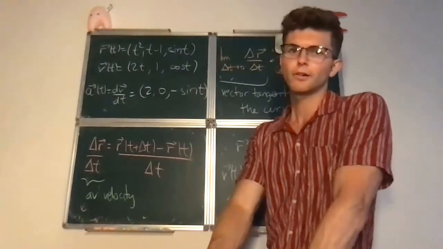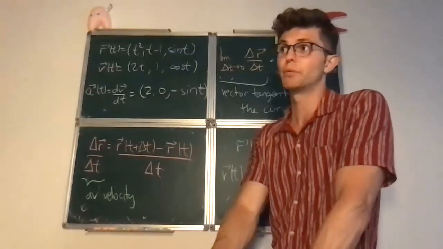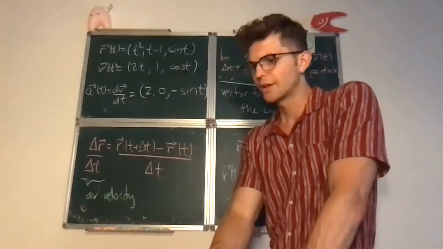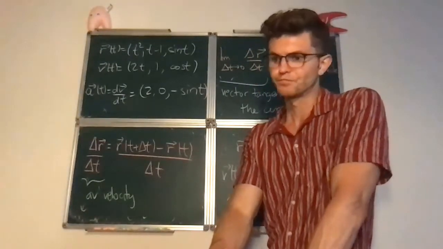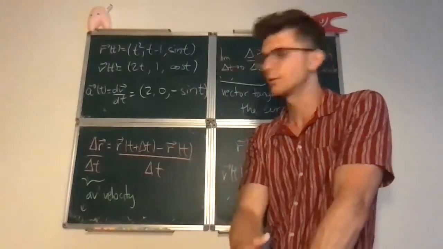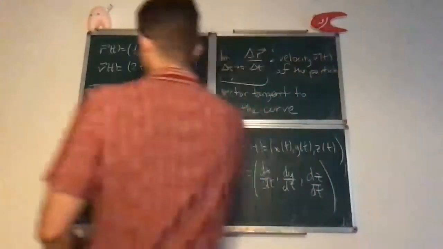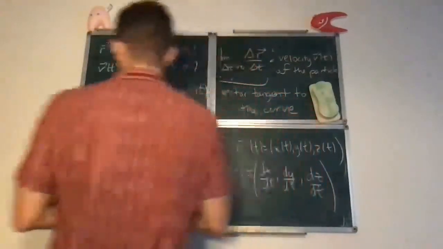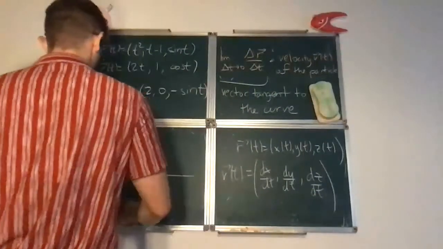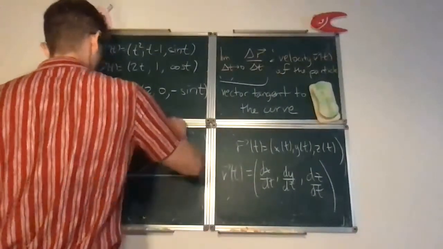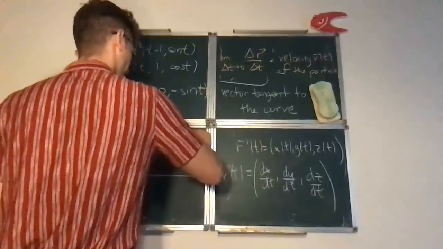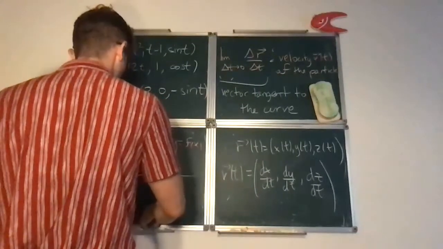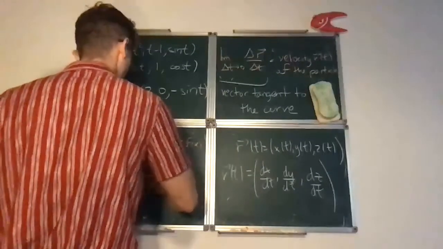Now you can think also about what the acceleration would be related to, what information about the curve the acceleration tells you. For that it's useful to think about the case of a function of one variable. For a function of one variable, the first derivative was related to the slope of the tangent line, right?